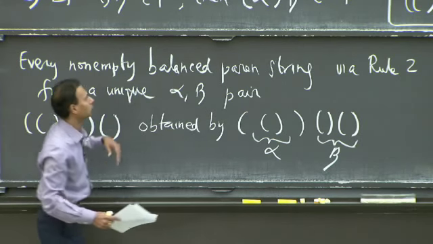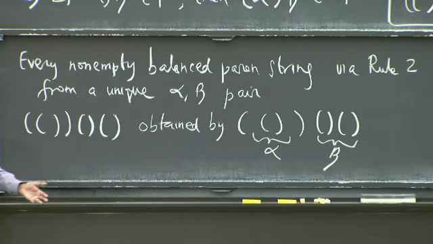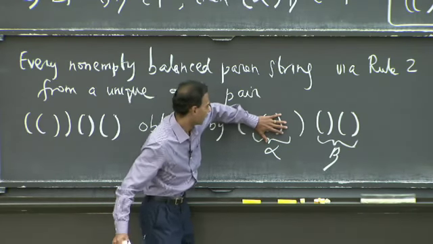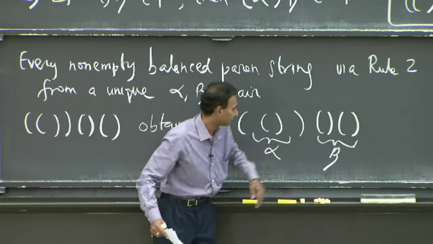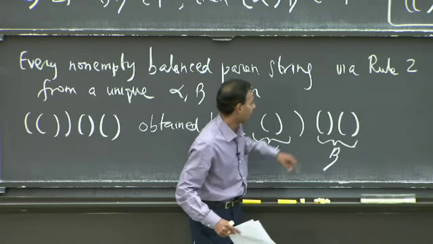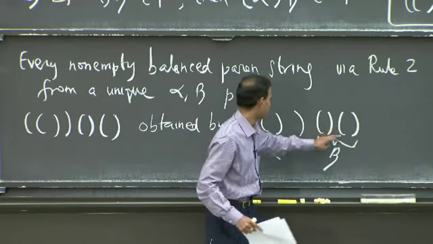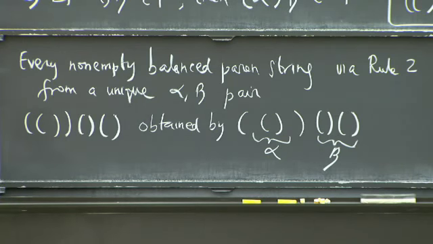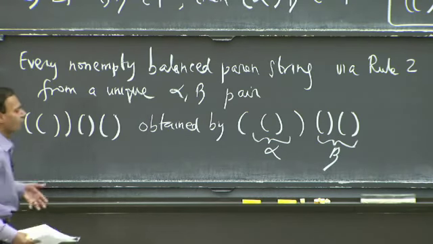If you apply rule 2 with alpha being the empty string and beta being the empty string, then you get this thing here. And obviously you could get beta by setting alpha to be the empty string and beta to be this string that you just generated, and so on and so forth. So you just keep going, and the strings get longer and longer.